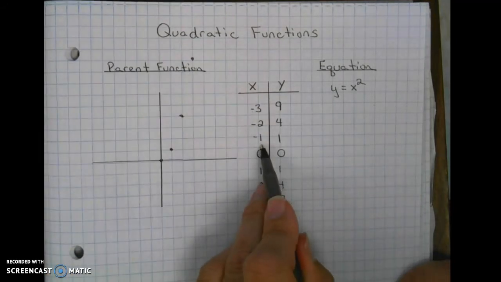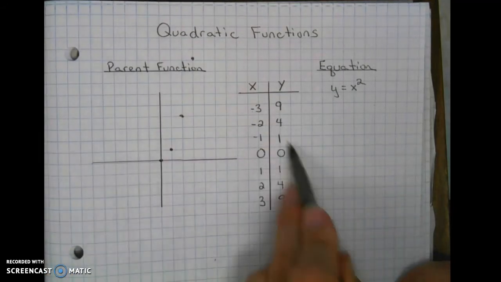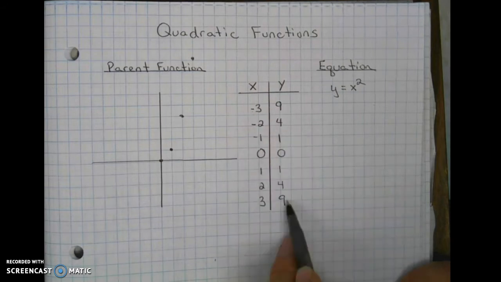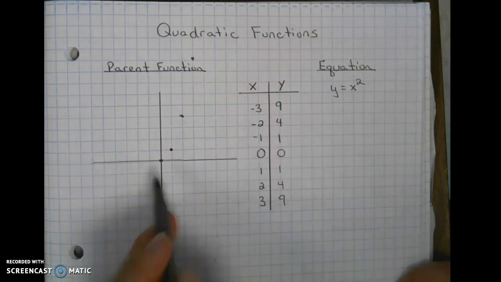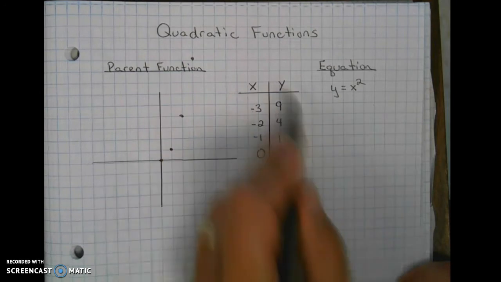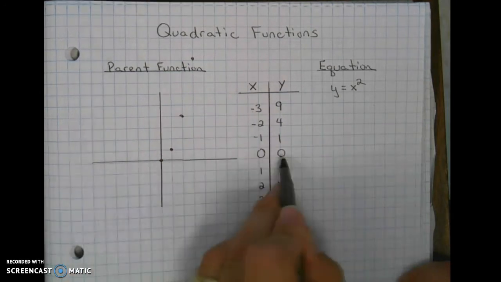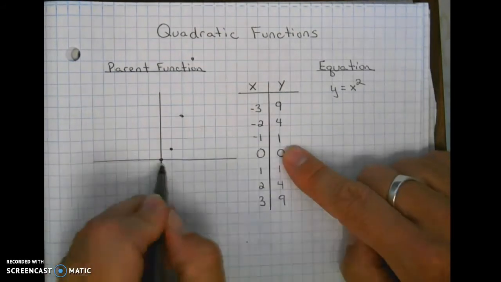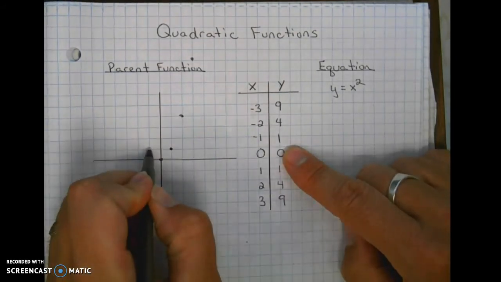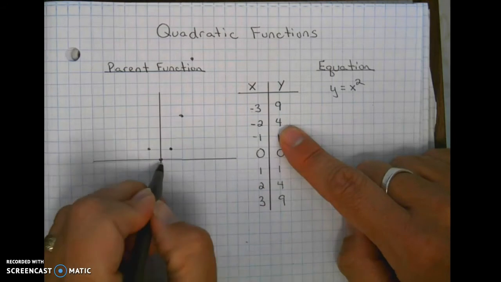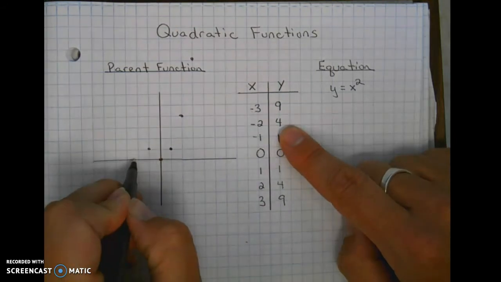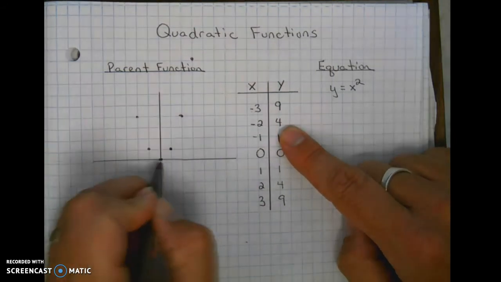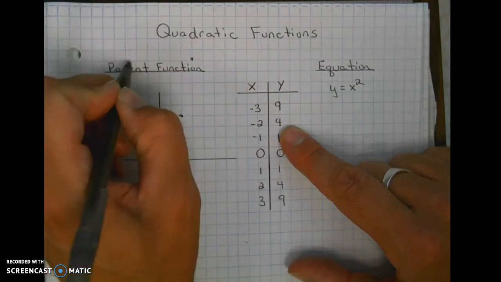So going on the other side, notice these numbers are the same. And that's because the graph is symmetrical on both sides of 0, 0. So going the other direction, we're going to go 1 unit to the left and 1 unit up, 2 to the left and 4 up, 3 left and 9 up.